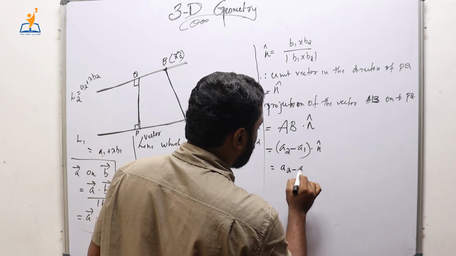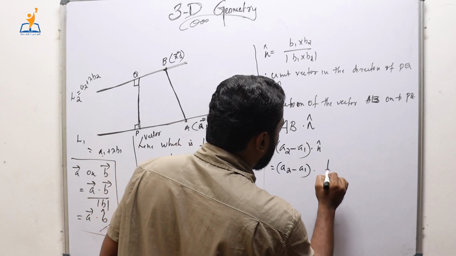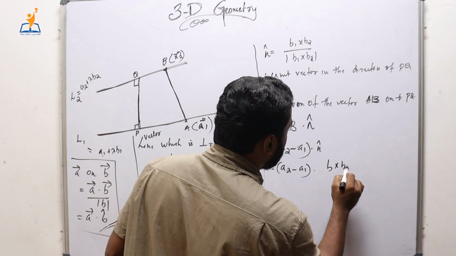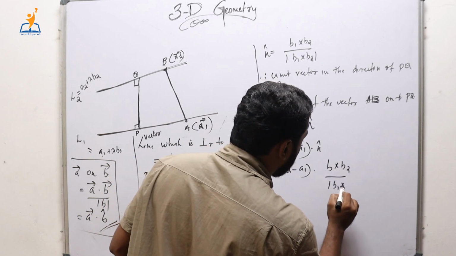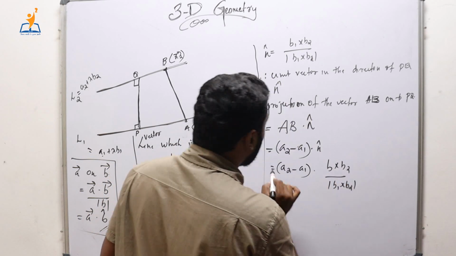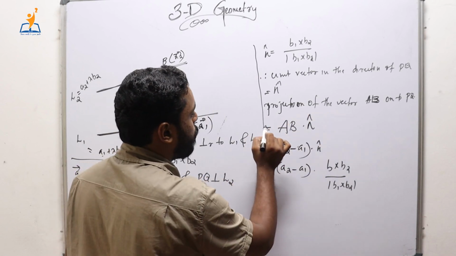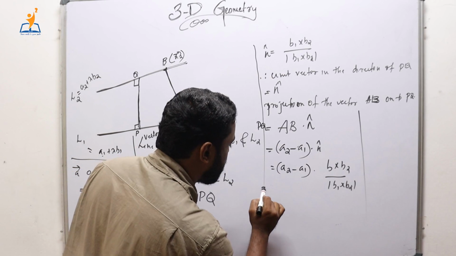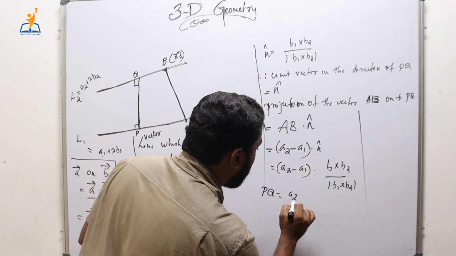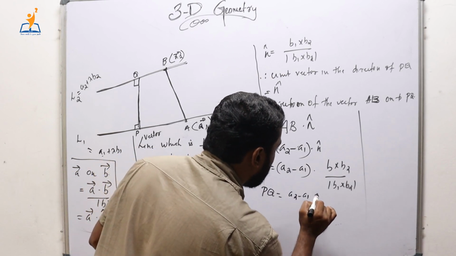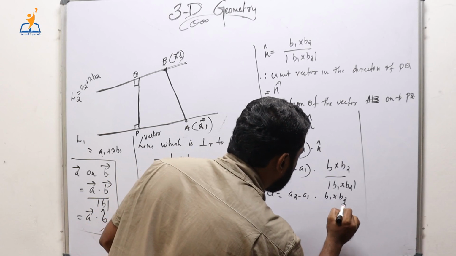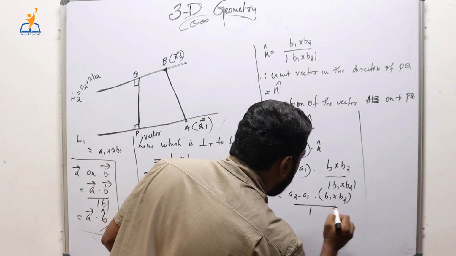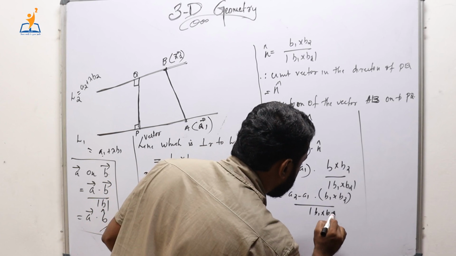So it is equal to A2 minus A1 dot B1 cross B2 divided by mod B1 cross B2, isn't it? So this is PQ. So we have arrived at an equation that PQ is equal to A2 minus A1 dot B1 cross B2 divided by mod B1 cross B2.